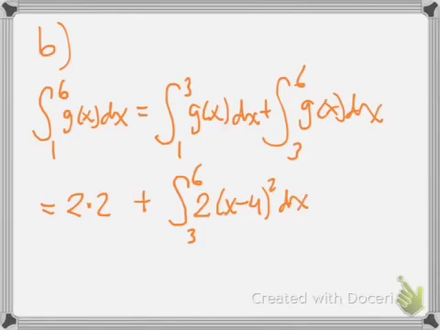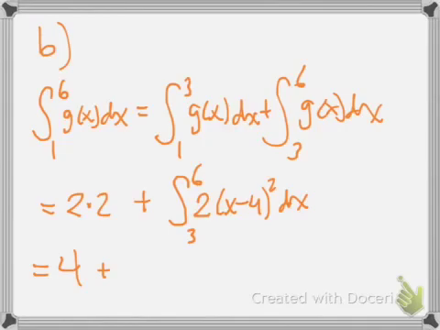And so here they want you to apply the fundamental theorem to this integral to find an antiderivative. So I would do a little substitution for the expression in the parentheses, letting u equal x minus 4, and then du would just be equal to dx.